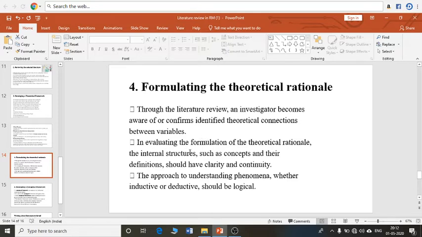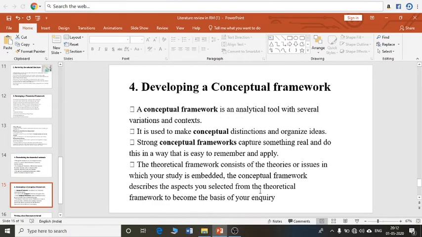In evaluating the formulation of the theoretical rationale, the internal structures like the concepts and their definitions should have clarity and continuity. Then the approach to understanding the phenomena, that is any circumstance or situation, whether inductive or deductive, related or not related, should be logical.